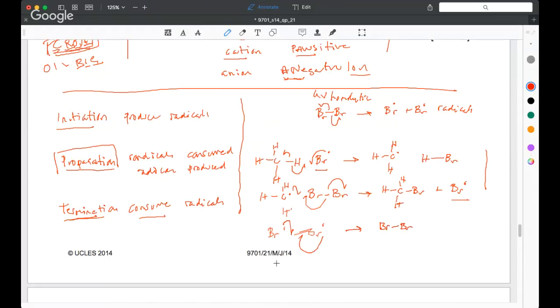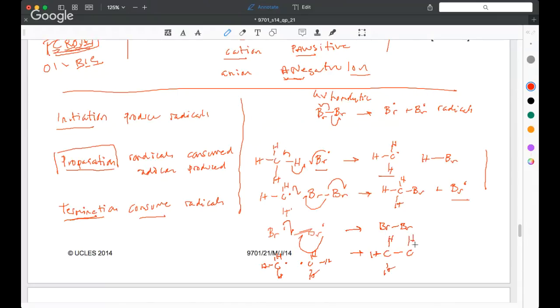Or you could have two of these, I'm running out of space here, two of these fragments that were derived from the methane molecule, those two fragments, they could go on to form a new covalent bond between the two carbon atoms, like that.